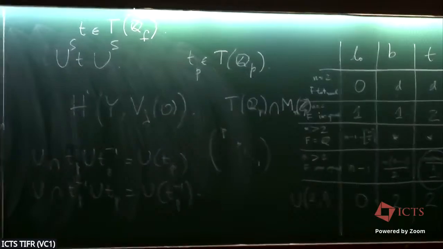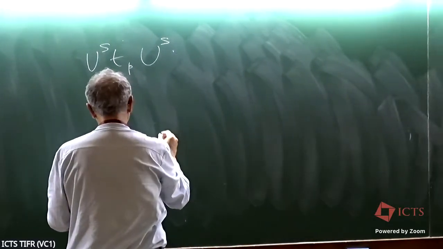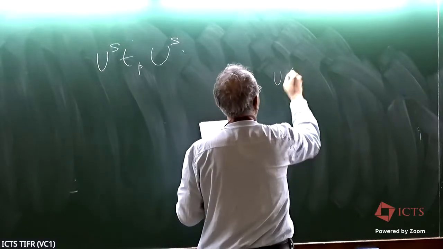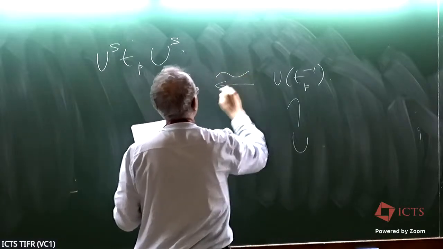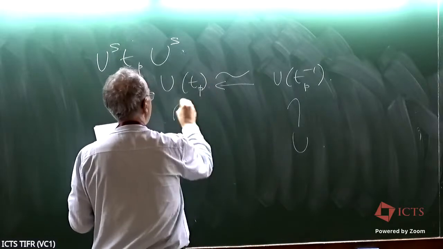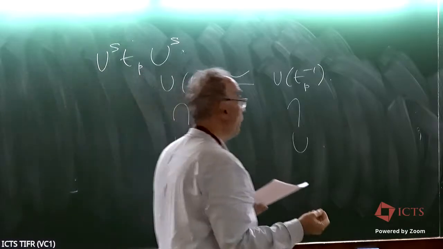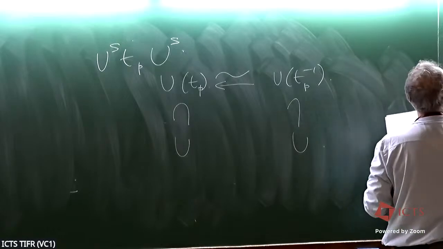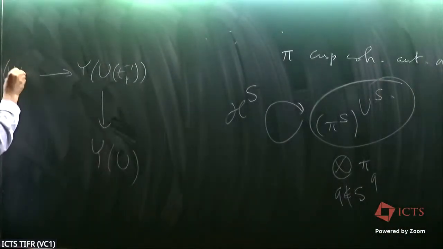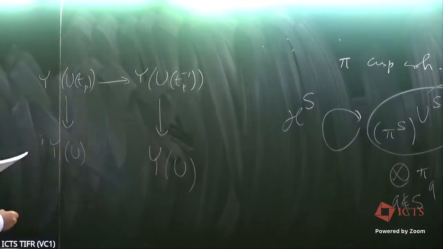So the construction of the Hecke action. You consider the inclusions: U(T_P^{-1}) is included into U. U(T_P^{-1}) is isomorphic by conjugation to U(T_P), and this is contained in U. From this diagram you deduce a diagram of varieties: Y(U(T_P^{-1})) goes to Y(U), an isomorphism to Y(U(T_P)), and then to Y(U).